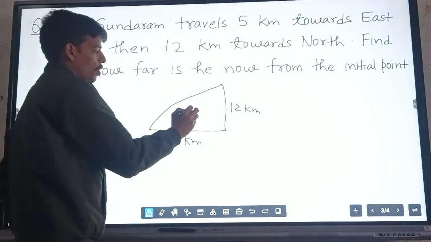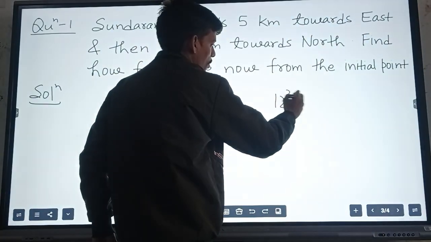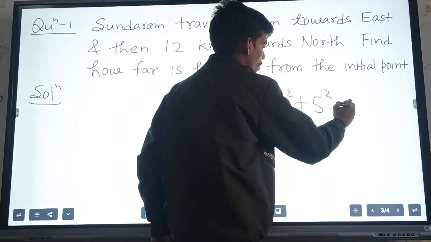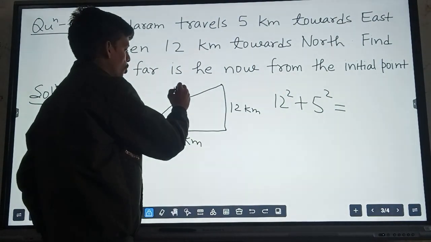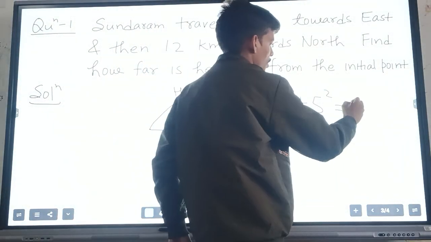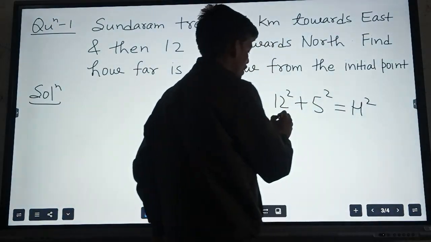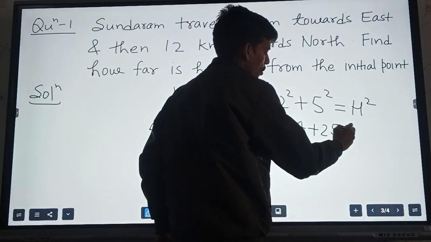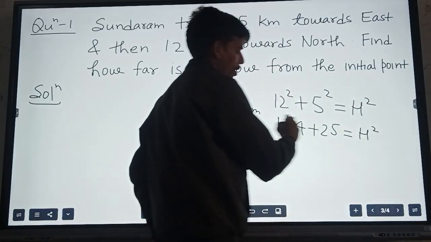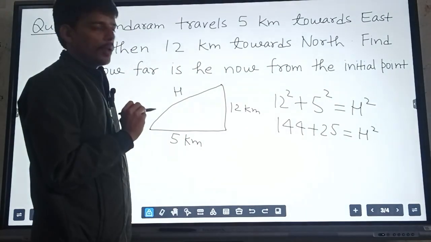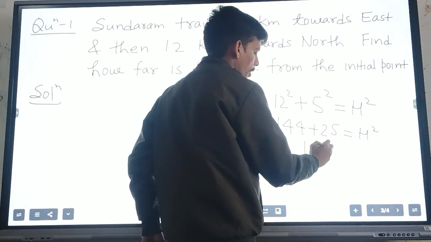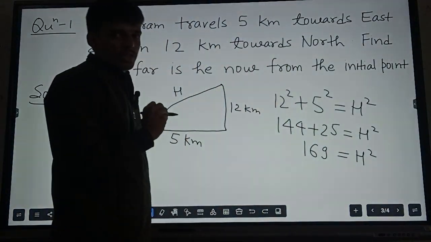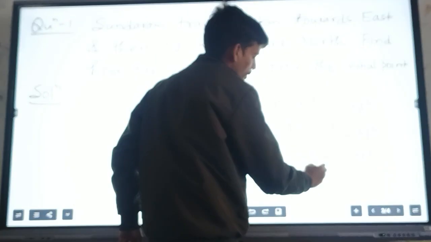So square of 12 plus square of 5 equals the square of the hypotenuse. 12 square 144 plus 5 square 25 equal to hypotenuse square. 144 plus 25 equal to 169, and it is equal to hypotenuse square. 169 is the square of 13.